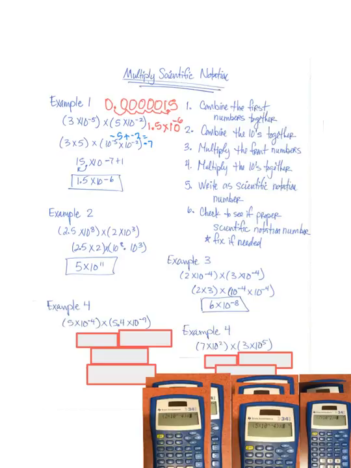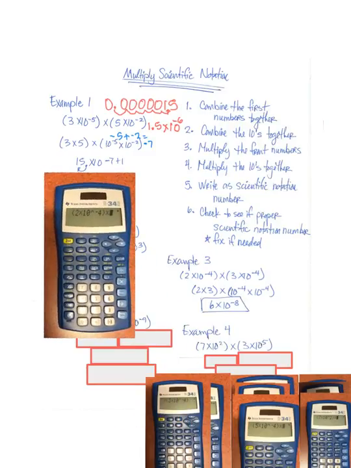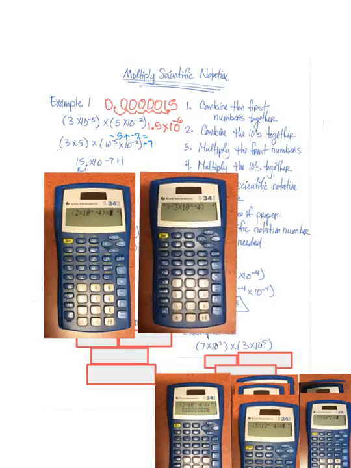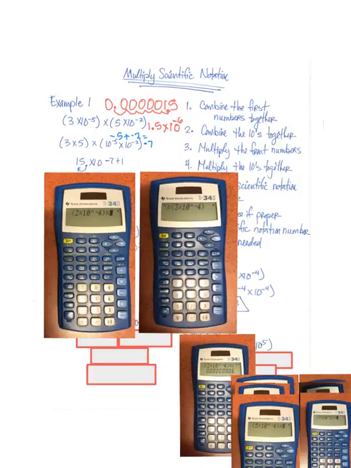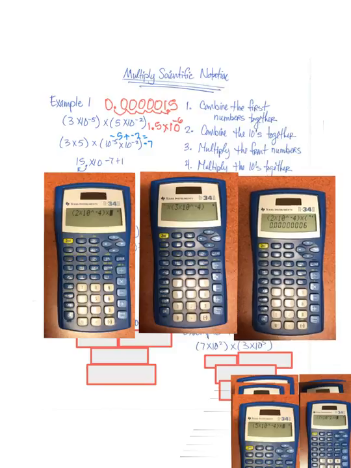And we can go ahead and look at it in our calculator. So here is the 2 times 10 to the negative 4. Here is the 3 times 10 to the negative 4. Here is our, well, whoopsie daisy. It actually didn't put it into scientific notation. But we can go ahead and look at that. We have how many decimal places there are.